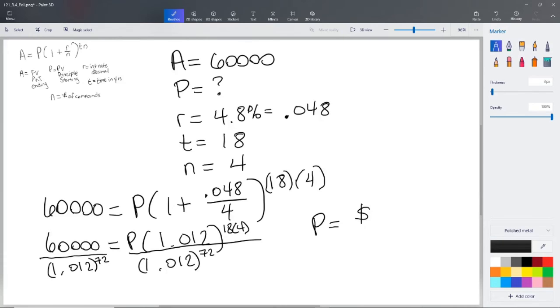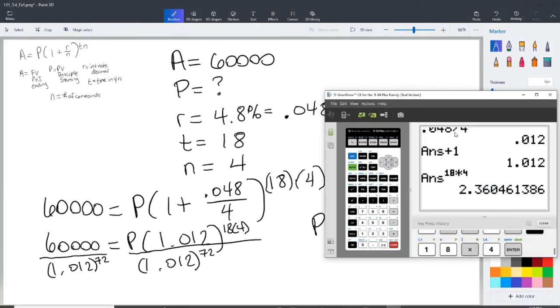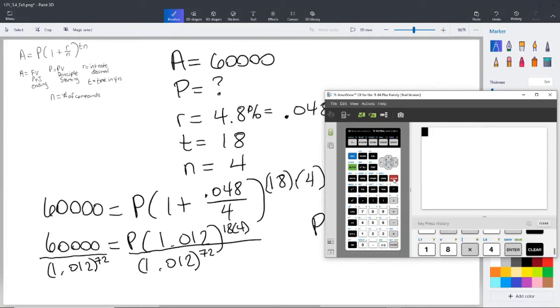All right, so let's bring our calculator back up. Let's go ahead and clear that one off. We don't need that for the moment. And we'll say 60,000 divided by, now we're going to put a parenthesis in here. We're going to put in 1.012.